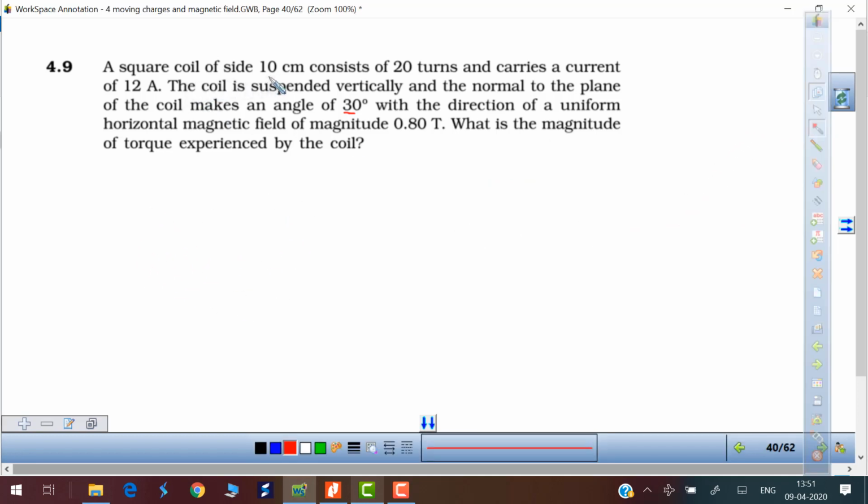Then, a square coil of size 10 centimeter consists of 20 turns and carries a current of 12 ampere. The coil is suspended vertically.